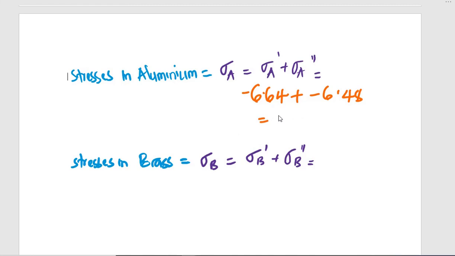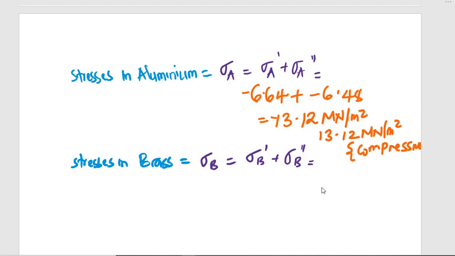This is negative 13.12 meganewton per square meter, or just 13.12 meganewton per square meter, and it is the compressive load. How about stresses in brass?